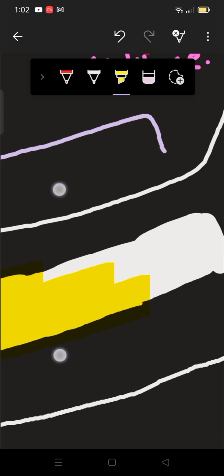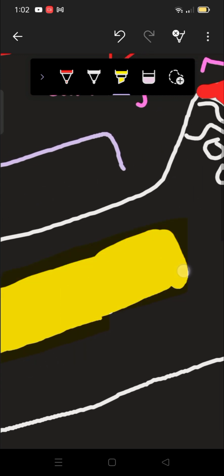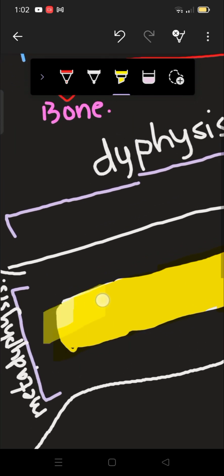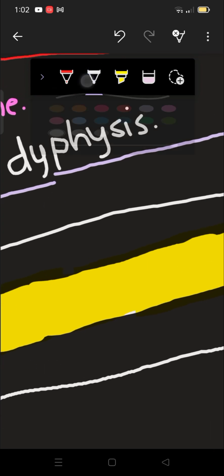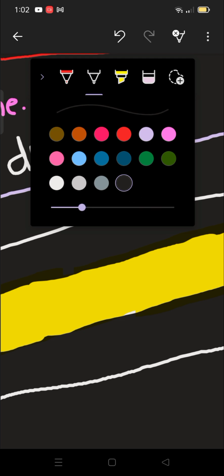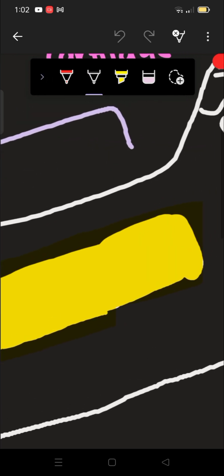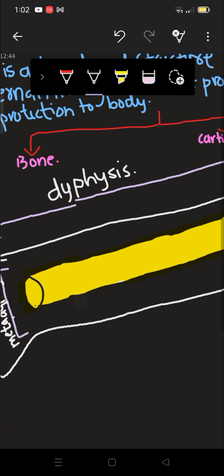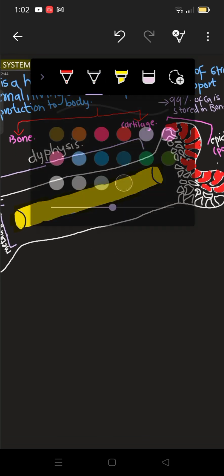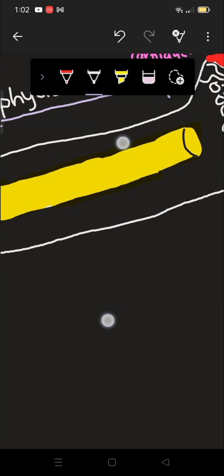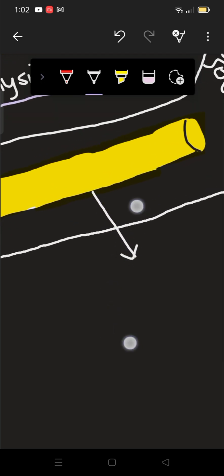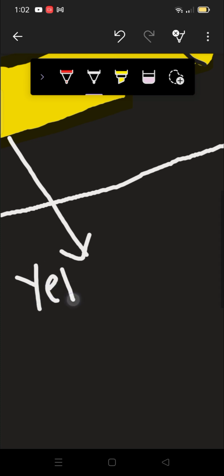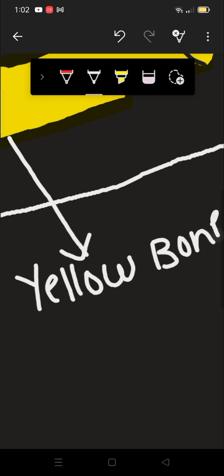As you can see here, this is yellow bone marrow. Let me write this as well: yellow bone marrow.